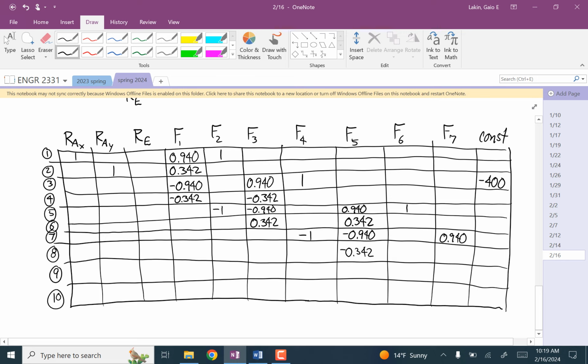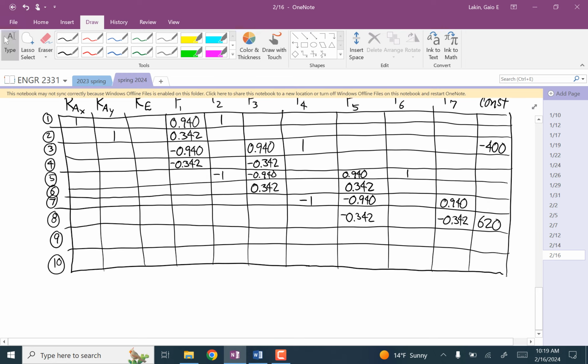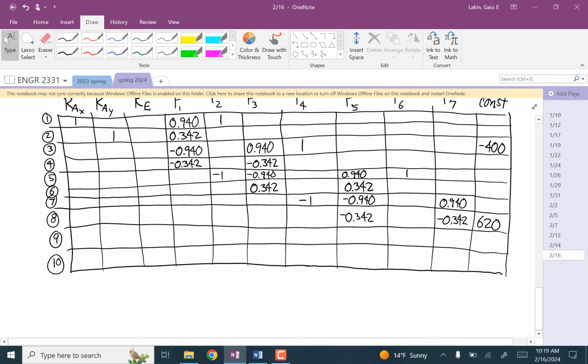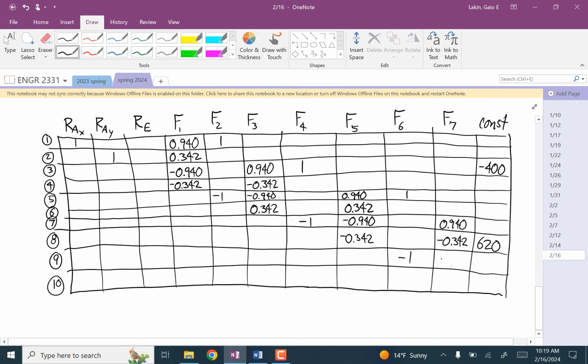Negative 0.342 for F7. And then 620 plus 2. Negative 1 for F6. Negative 0.940 for F7. And then 0.342 for F7. And 1 for R8.